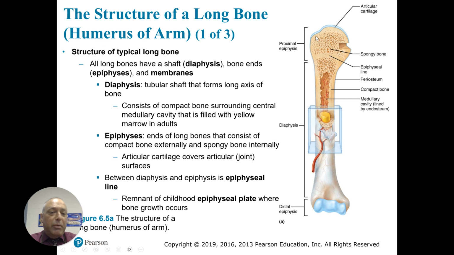In the proximal epiphysis, there is a group of spongy bone and then an epiphyseal line, followed by more spongy bone. If you go a little deeper, you see the medullary cavity lined with what's called endosteum. Now the bone itself is covered by periosteum.